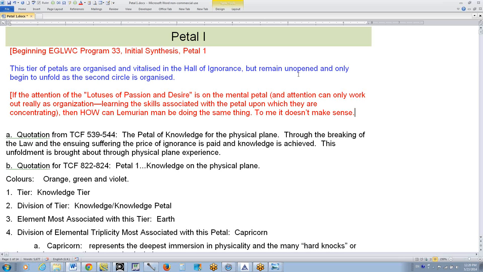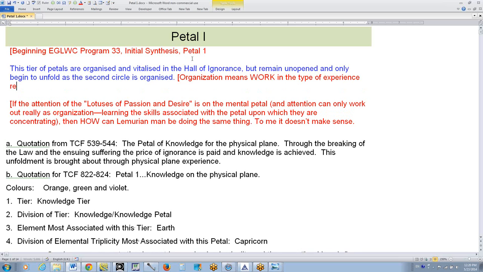So, because it says these petals remain unopened, presumably even the Lemurian petal remains unopened and only begins to unfold as the second circle is organized. And organization means work in the type of experience related to the petal.